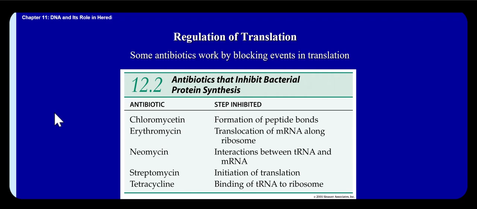I don't start it. If I don't start it, I don't get a protein. What's the last one? I don't let the transfer RNA bind to the ribosome. The transfer RNA can't interact with the ribosome again. No protein. So again, mechanisms are nothing more than regulation in some form or another.